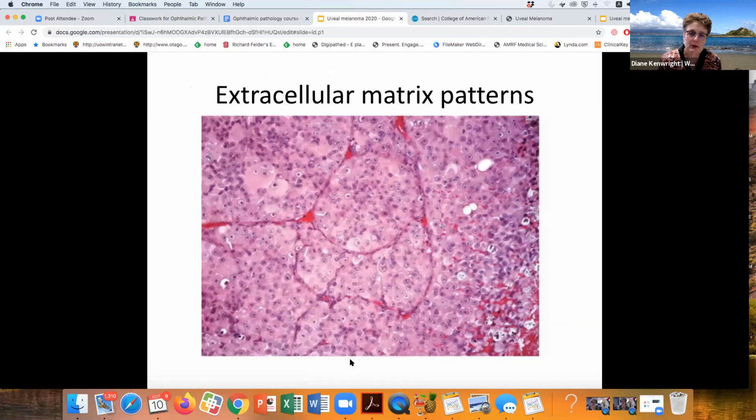So when people talk about extracellular matrix patterns, what they're talking about is the blood vessel pattern. Okay, so here you can see numerous small blood vessels. Sometimes they're so numerous they look like little renal glomeruli. Okay, so if you want to talk about that as a prognostic factor, then understand that what they're talking about is high vascular density, whether or not the tumor has a high vascular density.